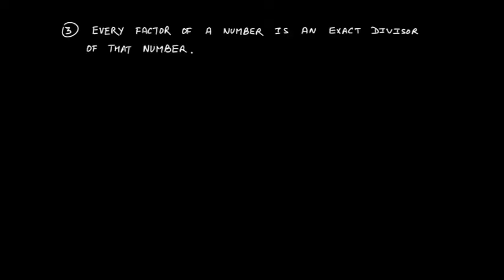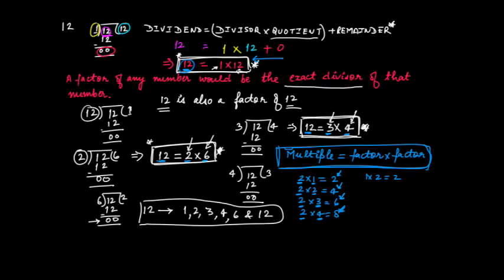The third point is that every factor of a number is an exact divisor of that number. We discussed that a factor of any number is an exact divisor of that number.